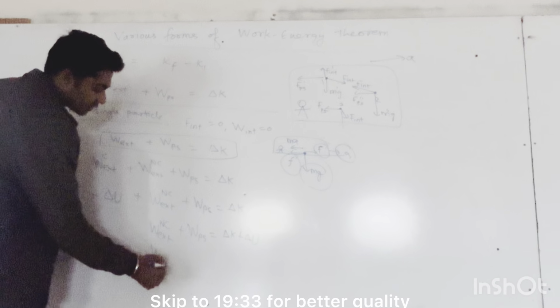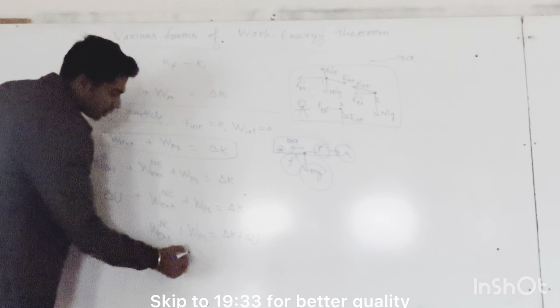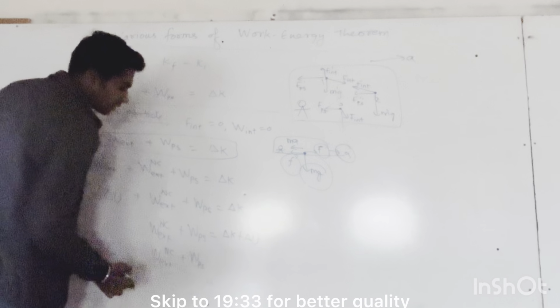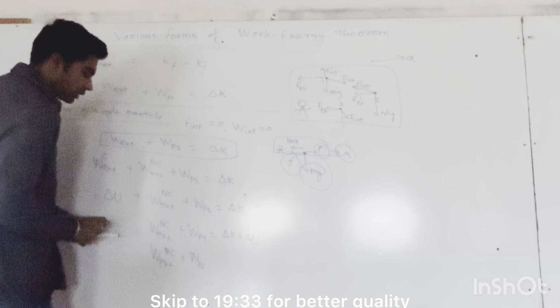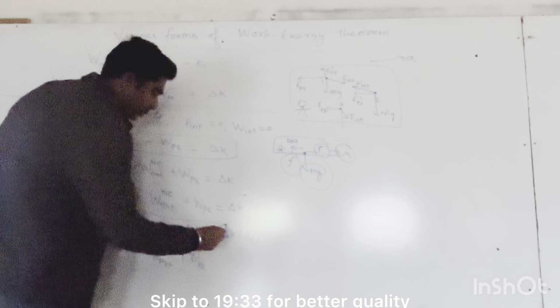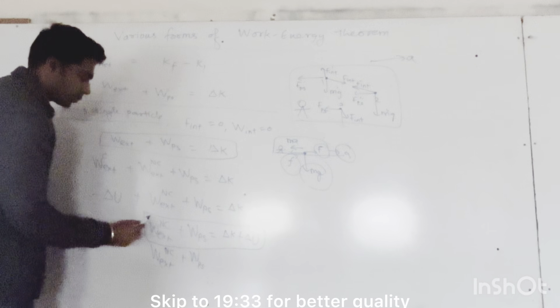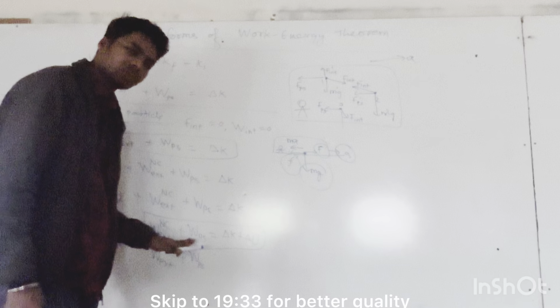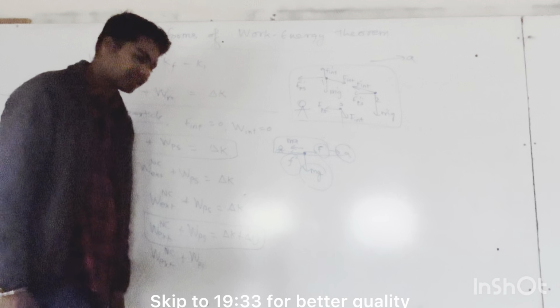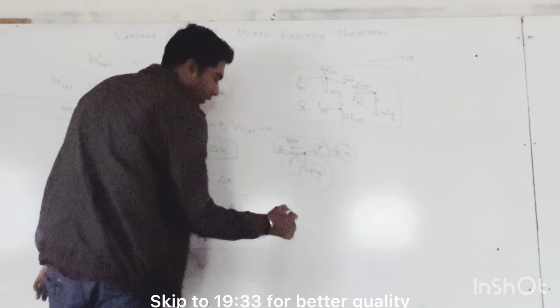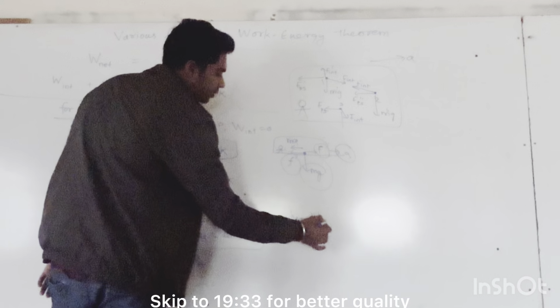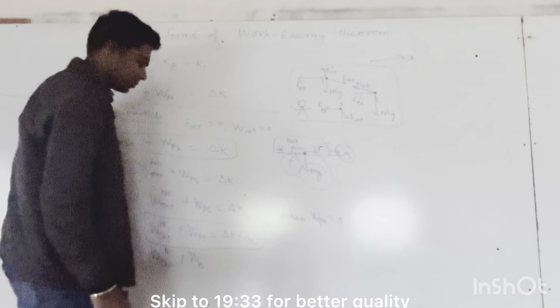So work done by external non-conservative force plus work done by pseudo force. So this is again one more statement which you will see very much. If pseudo forces are not there, you can write this term as 0, and when pseudo forces are not there, work done by pseudo force will be 0.